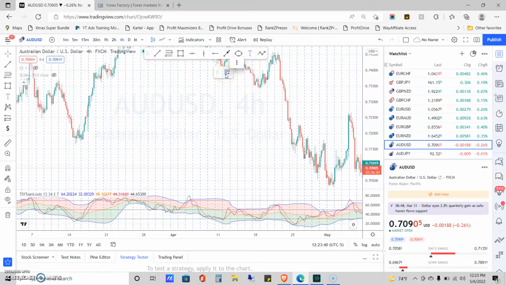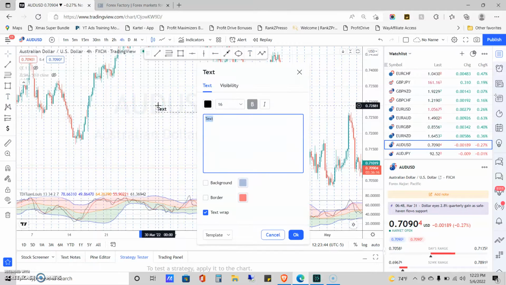If you are an intraday trader, I would suggest the 1 hour, 4 hour, and day chart. If you are a swing trader, let's do the 4 hour, the daily, and the weekly.